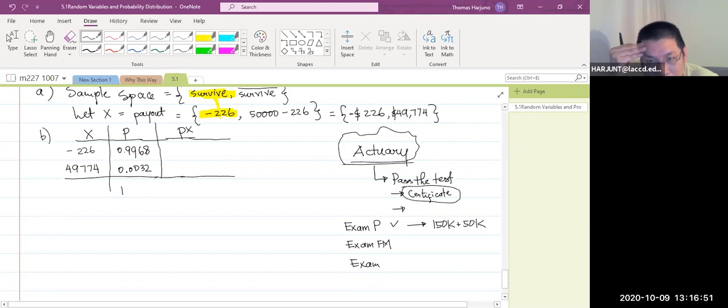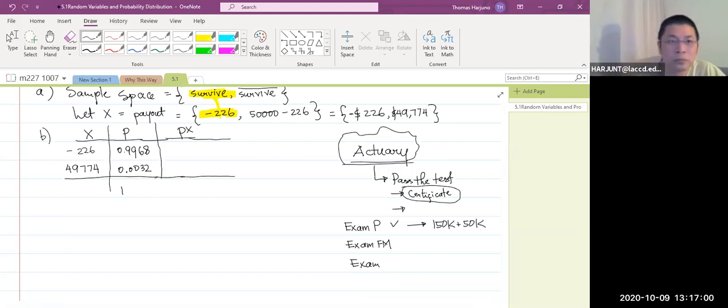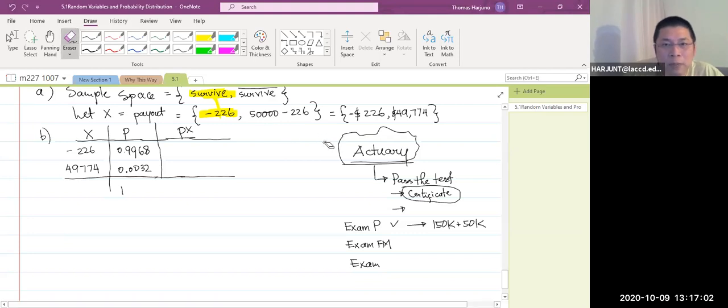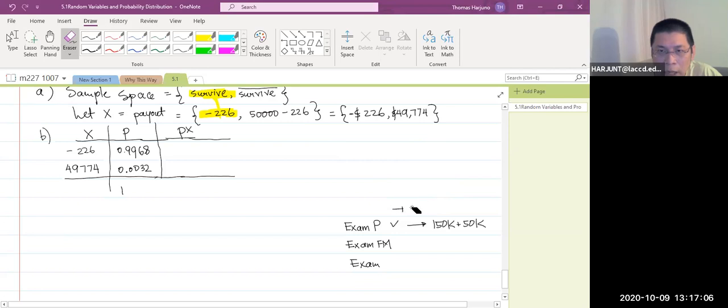They cannot accept your program if you are not certified. So I'm talking from somebody with a little background in actuary, and now let's talk about this insurance here.